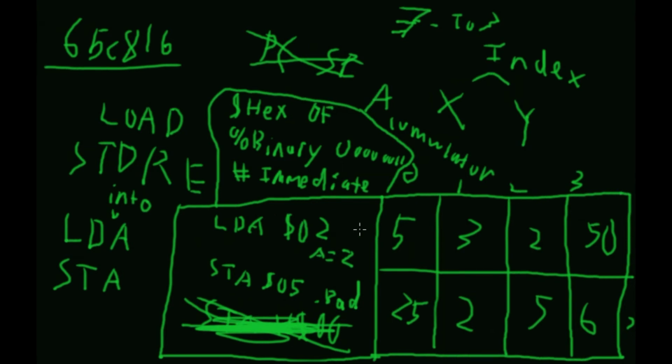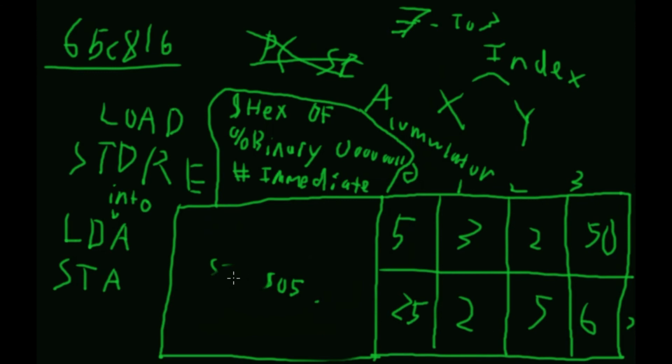It's bad. But what happens if we have a 16-bit value? Because right now we're assuming that we're just using 8-bit values. So what if we had 16-bit? Let me erase my code here. Now we're going to assume A is 16-bit, and I'm going to load the value at 0000.